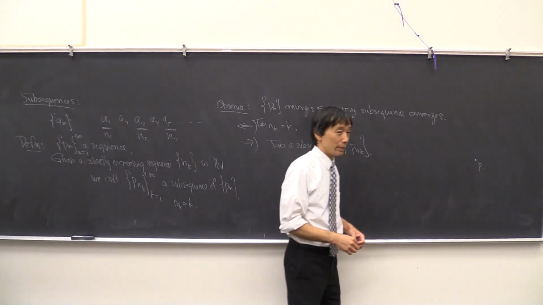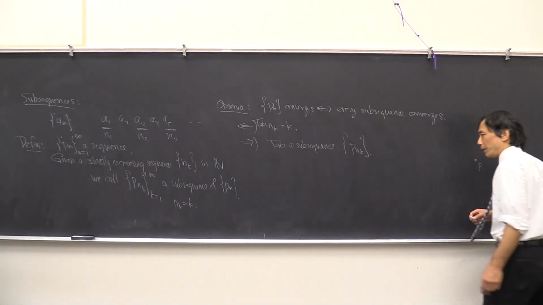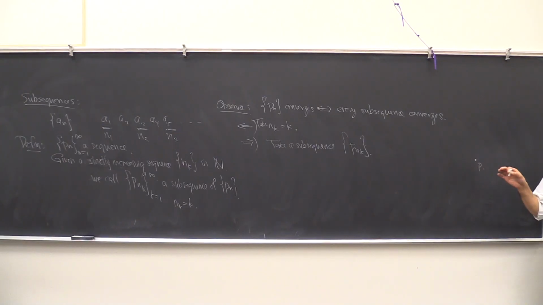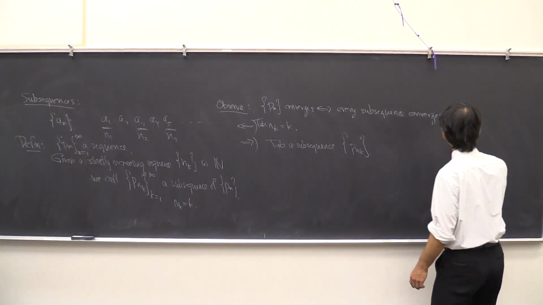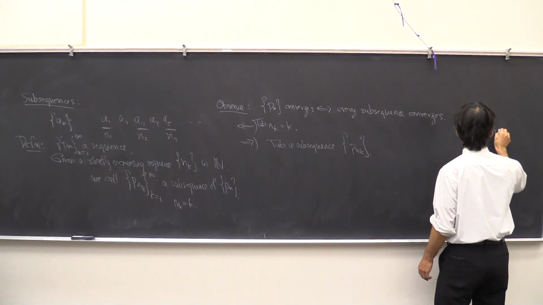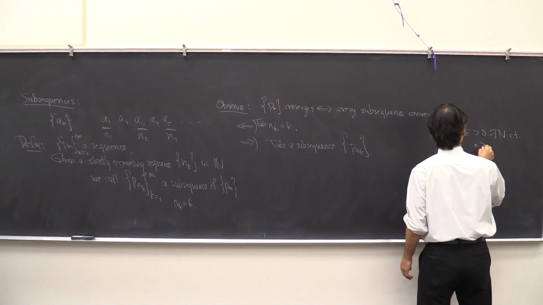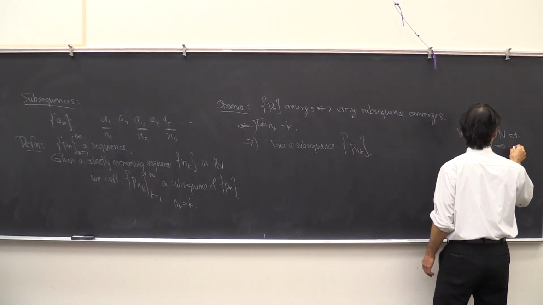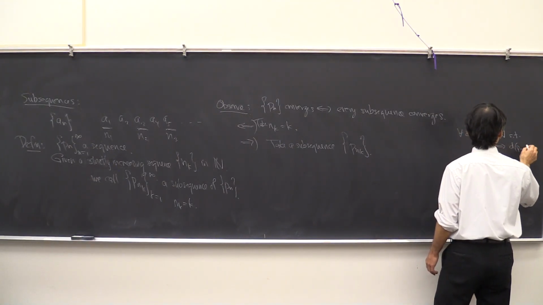Okay, somebody first remind me of the definition of convergence. Harrison? For every epsilon greater than 0, there is a natural number N such that if little n is greater than N, then p sub n is in the epsilon neighborhood around p.